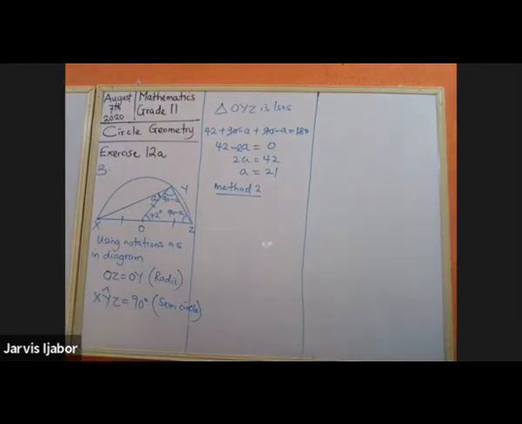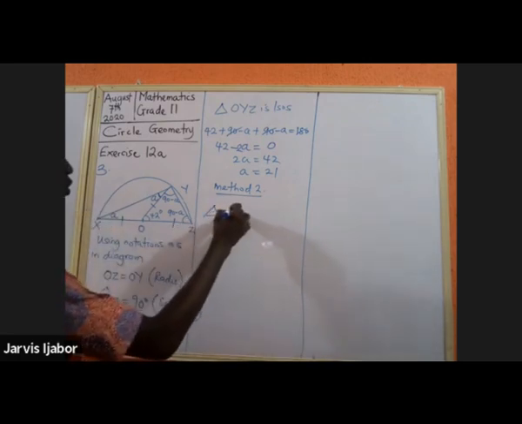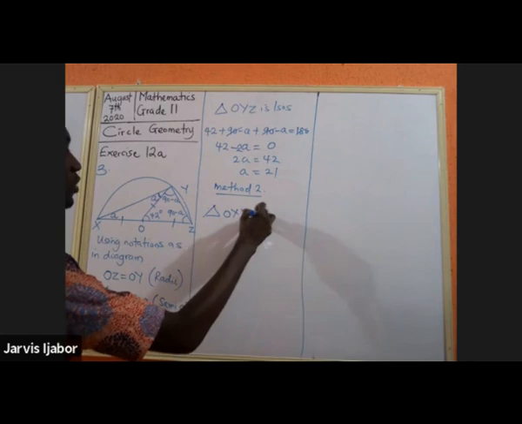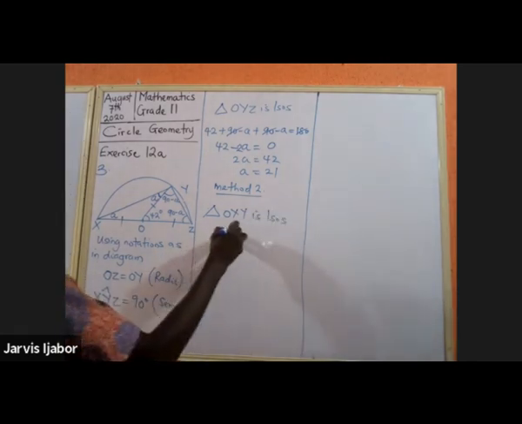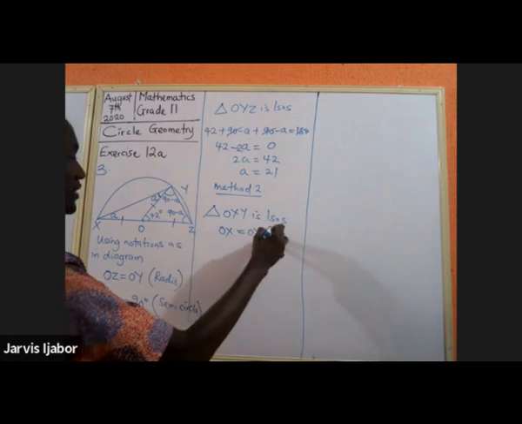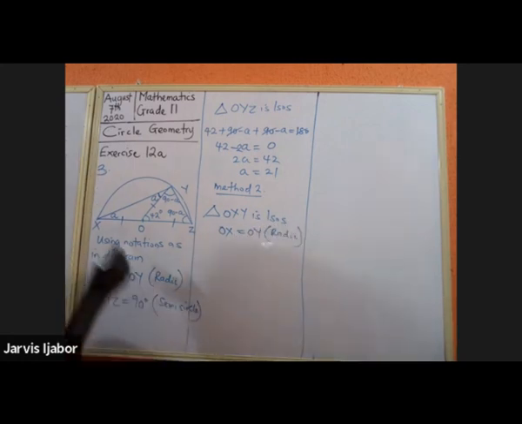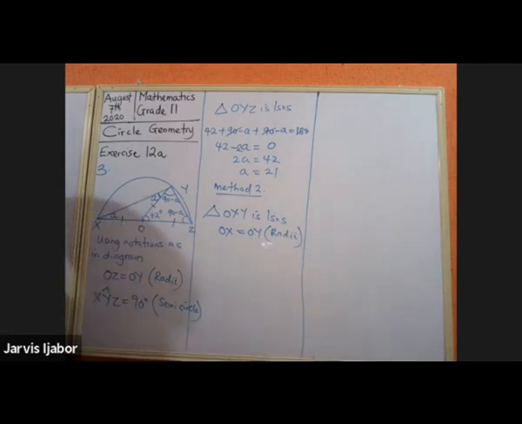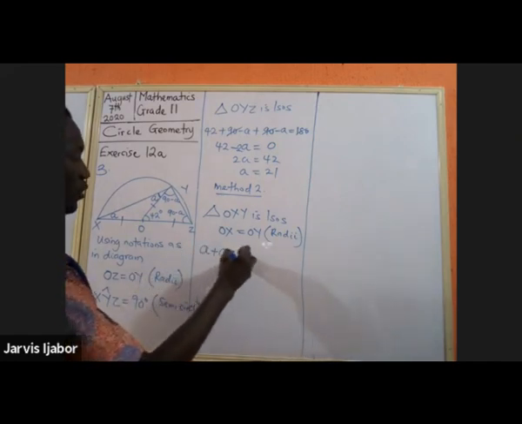Another student might see this. I've called this A. I hope that this is also A. Triangle OXY is isosceles. OX is equal to OY. Reason, radii. So A plus A will be equal to 42.